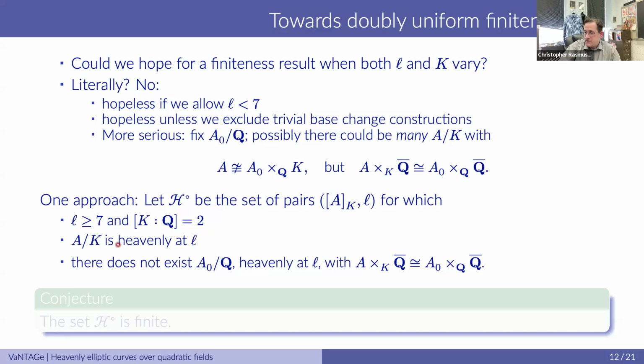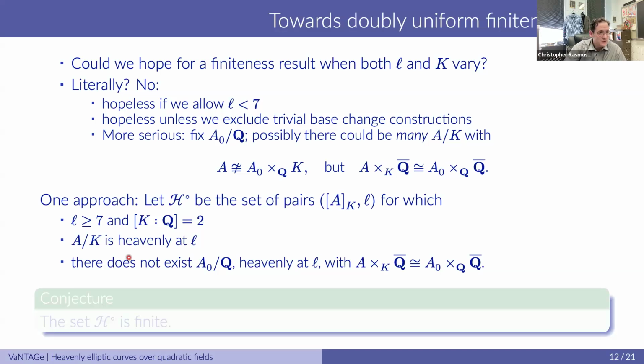Take A over K heavenly at L. And I'm going to make the following assumption that there's nothing over Q already heavenly that's in the same Q-bar isomorphism class as the elliptic curve A. Right? So we look at all the pairs that meet these conditions, heavenly over the base field that's a quadratic extension of Q, but not in one of the finitely many Q-bar isomorphism classes represented by something that is heavenly over Q already. This is a very minor restriction, this last bullet point.